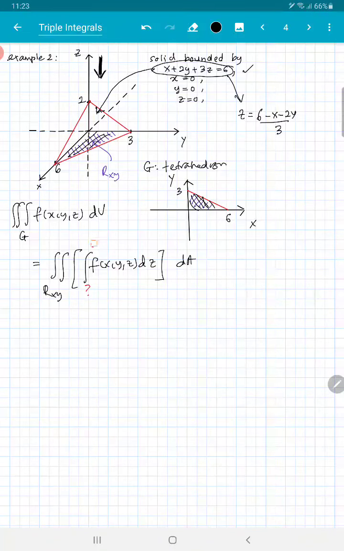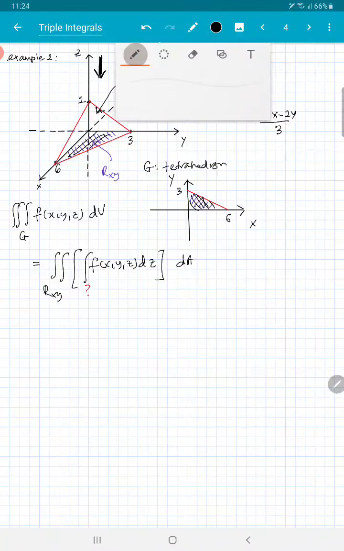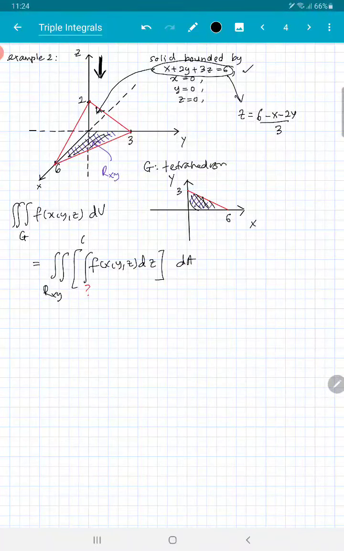So the upper limit for z would be 6 minus x minus 2y over 3. And the lower limit, the bottom surface, would be the xy plane, or z equals 0.